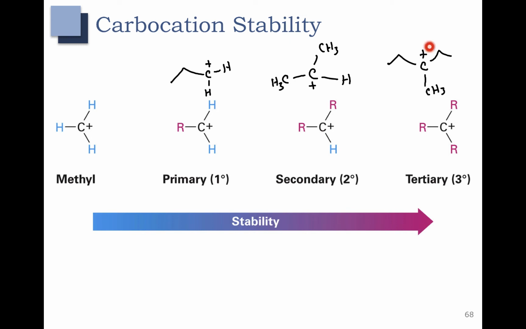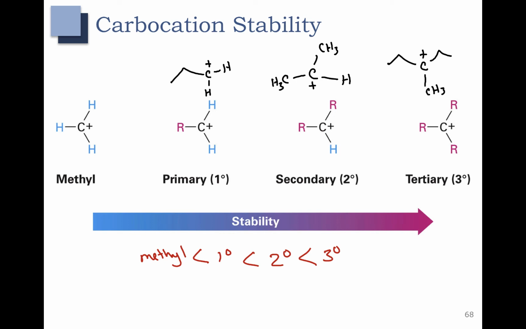And this is a tertiary carbocation. And what you can see here is that tertiary carbocations are much more stable than secondary carbocations, which are more stable than primary, which are more stable than methyl. So the trend that you want to remember here is tertiary is more stable than secondary, is more stable than primary. And you won't see methyl very often, but it's good to remember that those are the least stable type of carbocations.